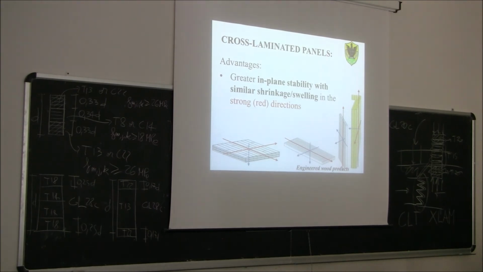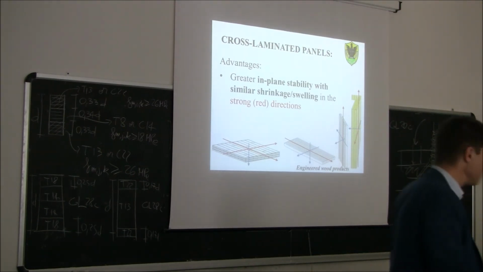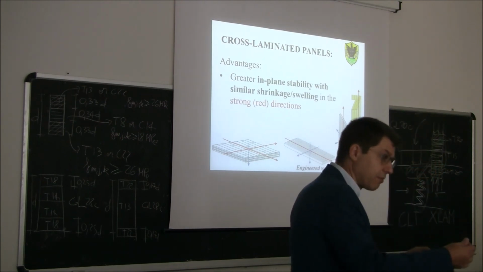In which direction is it going to move mostly? Do you want to move more in the red direction or in the blue direction? In the blue direction. So basically, we can expect that the length remains more or less the same. However, the cross-section will shrink.